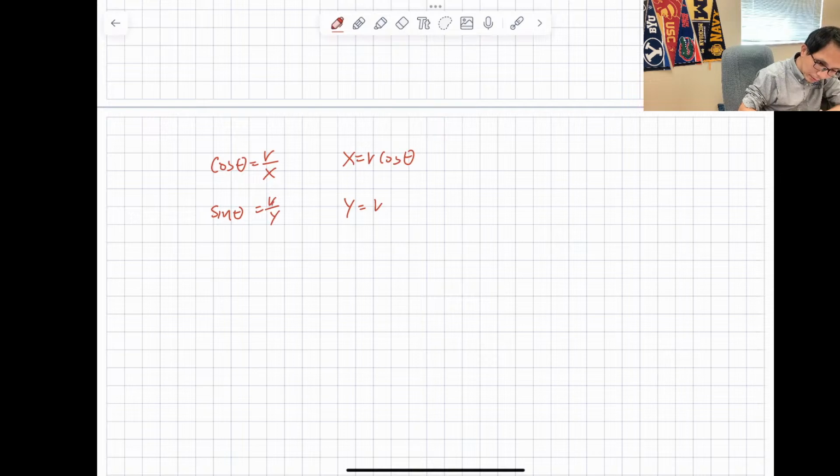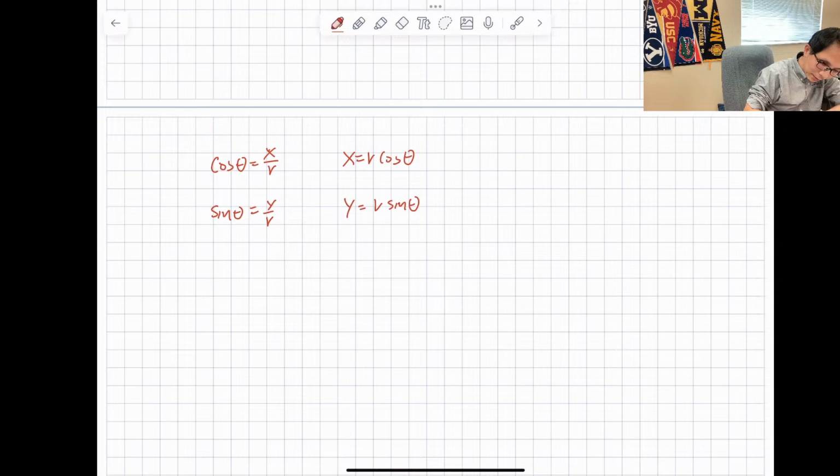Oh no, sorry, I did it wrong. Okay, that was messed up. So x over r, and this is y over r, and this is r sine theta.